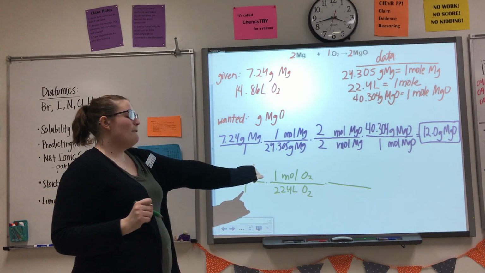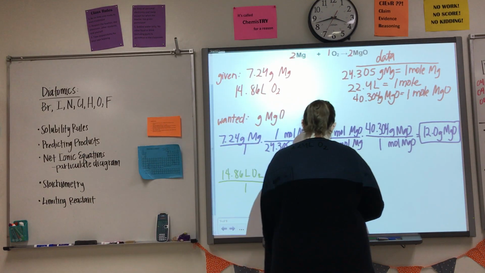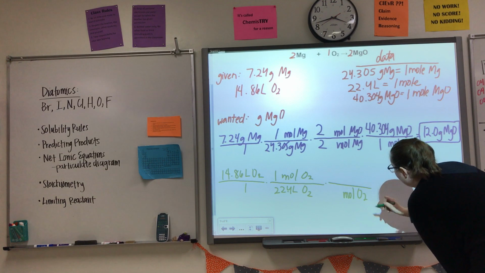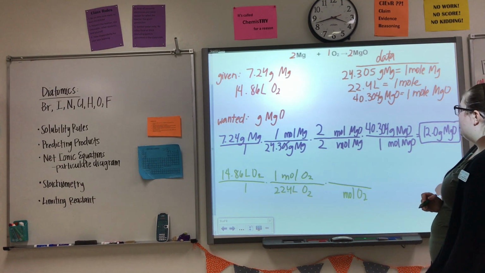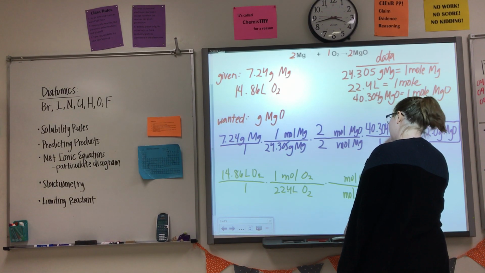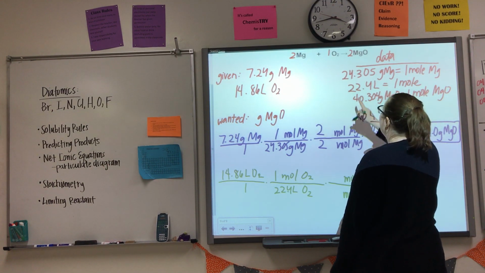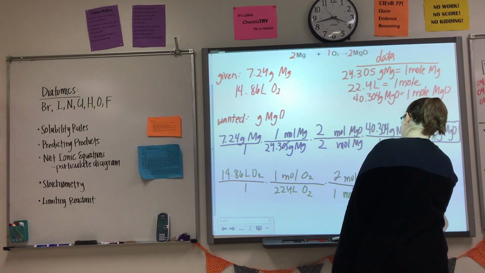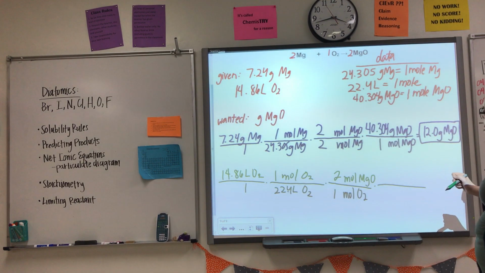All right, moles of oxygen in my numerator, it's going to slide down to my denominator. Okay, moles of O2, and I'm comparing that to moles of MgO, because I want grams of MgO, and I have to go through my mole. So for every 1 mole of O2, I have 2 moles of MgO. Last step.